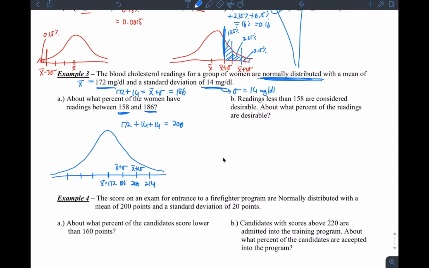Okay, and then if you go standard deviations below the mean, that means here you're saying x bar minus sigma, so you're doing 172 minus 14, and that would give me 158. And if you keep going, 144 and 130. I'm not going to require that you always draw all the information on here, but it's definitely helpful initially for you to figure out what's going on, to draw as many standard deviations on your picture.